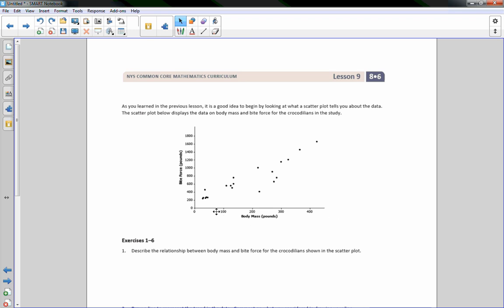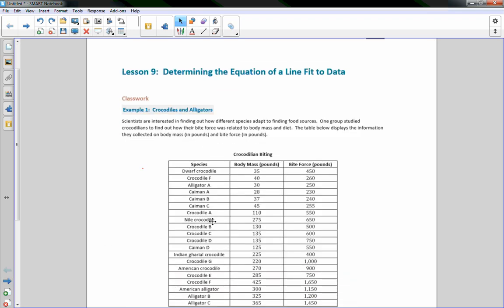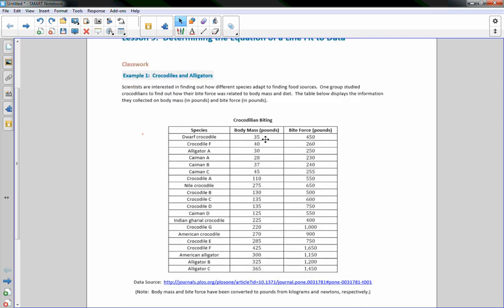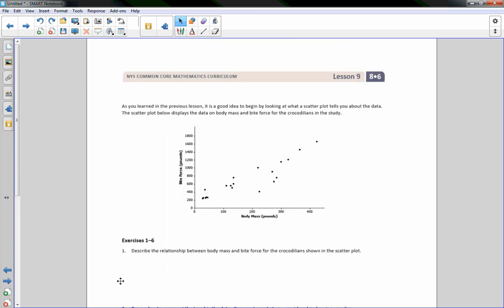Body mass is my x-axis and bite force is y. They're both in pounds. For example, the dwarf crocodile's body mass is 35 pounds and it has a 450 pound bite force, which would be this one right here. This would be the dwarf crocodile. Light, but got a pretty good bite.